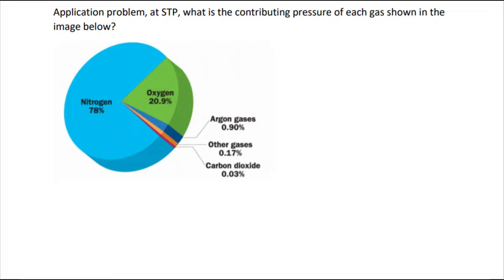And finally, another application problem. At STP, so standard temperature and pressure, what is the contributing pressure of each gas shown in the image below? Okay, so remember, standard temperature is 0 degrees Celsius.